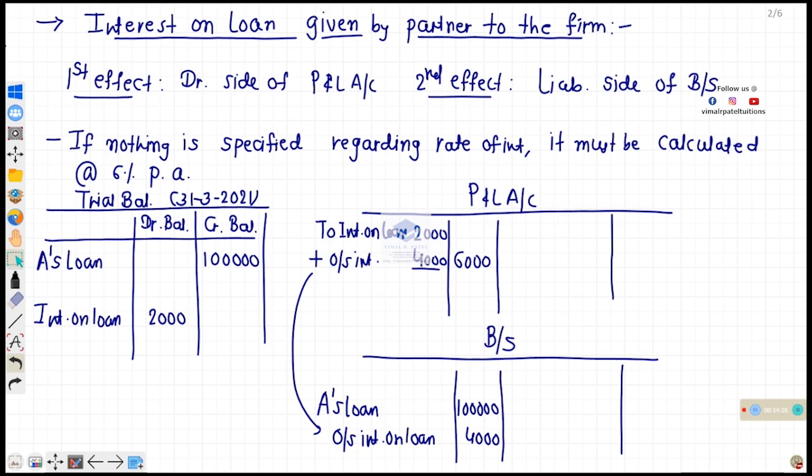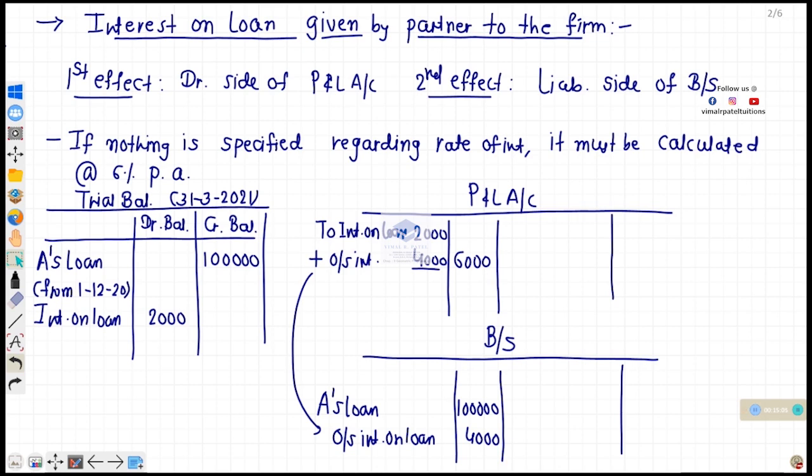Now, if in the trial balance you have been given a date, A's loan, say, from 1st December 20, then interest on loan should be provided for 4 months: December, January, February and March.